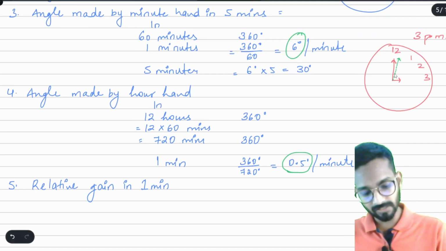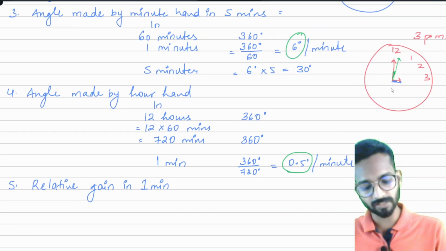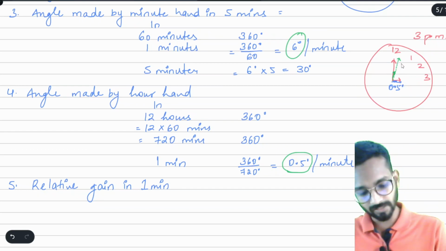It means this is 6 degrees. Okay. But our hour hand will move only 0.5 degrees. So you can say it will be just reaching here, and it will become 0.5 degree. We cannot make such a small angle here, so just for explanation, I am writing this is 0.5 degrees and this angle is 6 degrees.